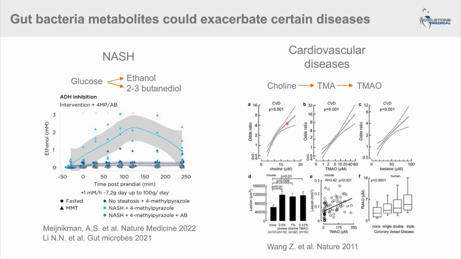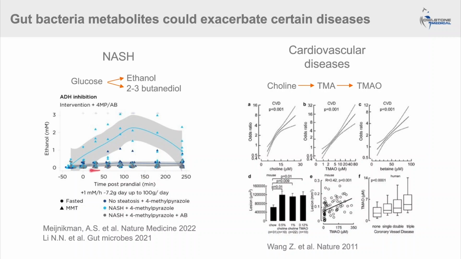So just to focus on some examples, here we can see the endogenous ethanol production in subjects with non-alcoholic steatohepatitis. In this experiment, the authors treated the subjects with 4-methylpyrazole, which is an alcohol dehydrogenase inhibitor. Then they gave a carbohydrate challenge, collected blood at different time points, and measured the ethanol in the blood.